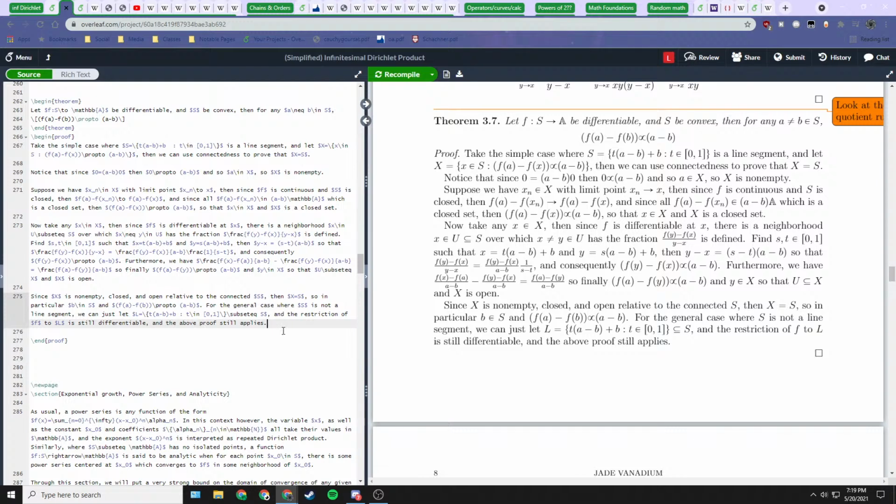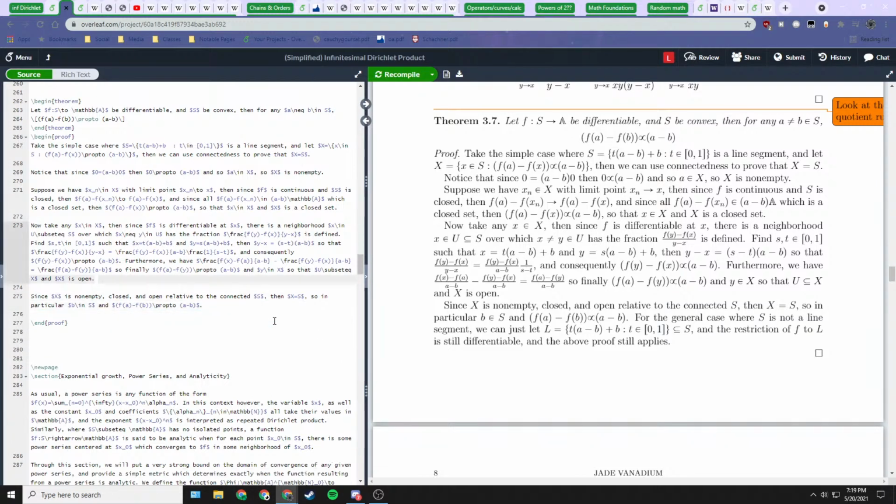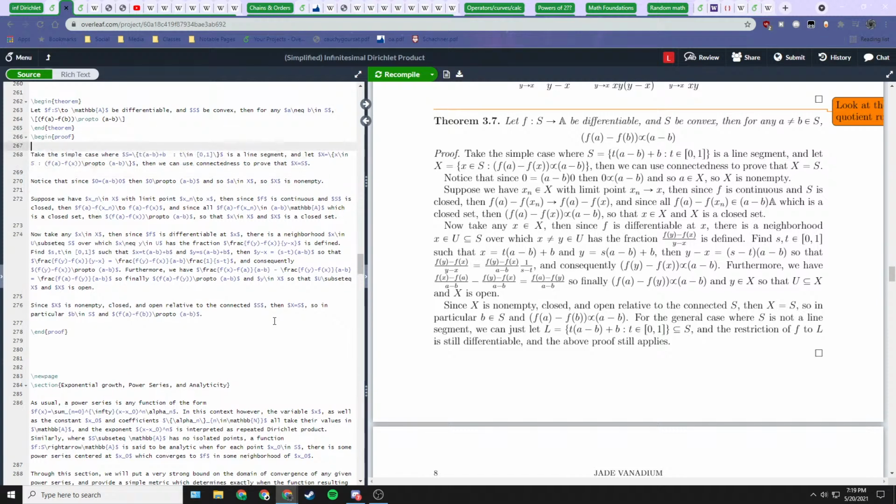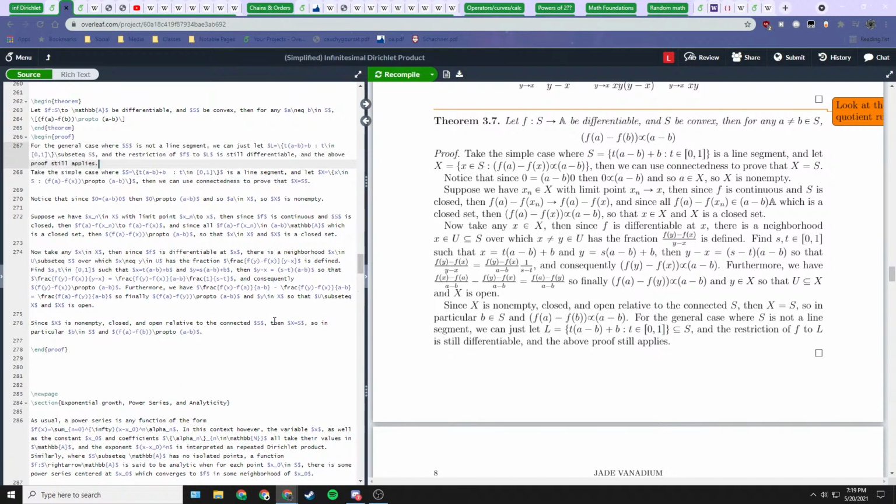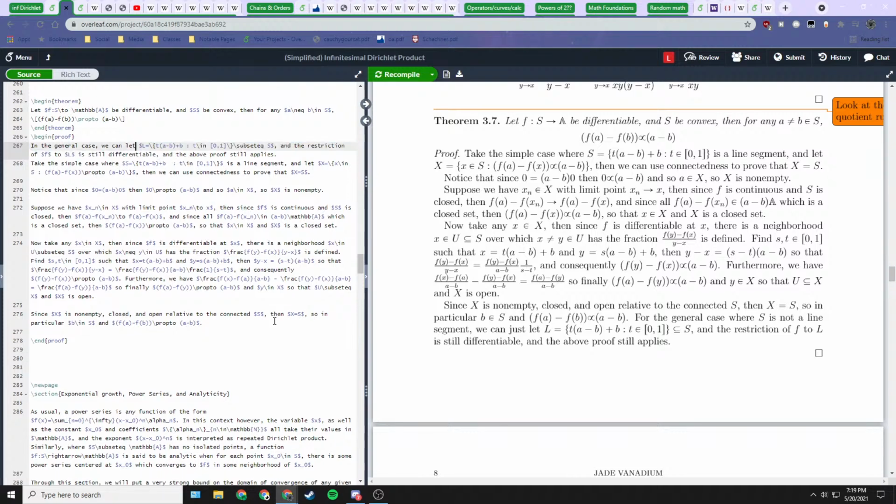And actually, we can shuffle these around. So in the general case, we can let L be this set, and the restriction of F to L is still differentiable.